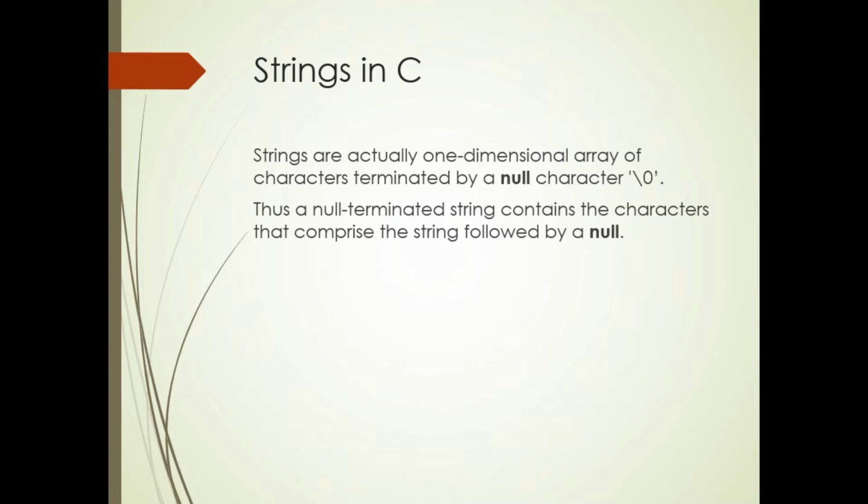Before starting with our first topic, that is strings in C, let us see some differences between a string and a character array. The only and the main difference between a string and a character array is that a string ends with the help of a null character, and in a character array we do not write the null character.